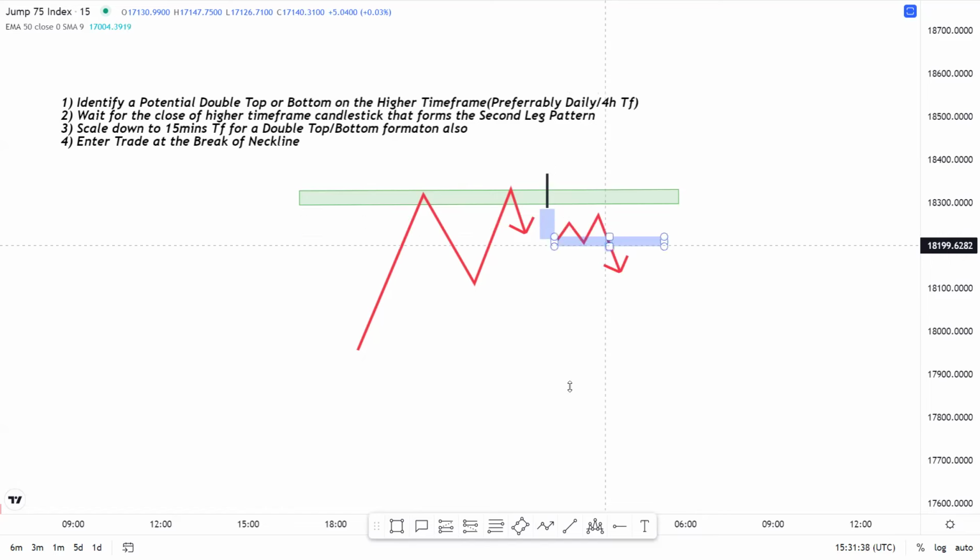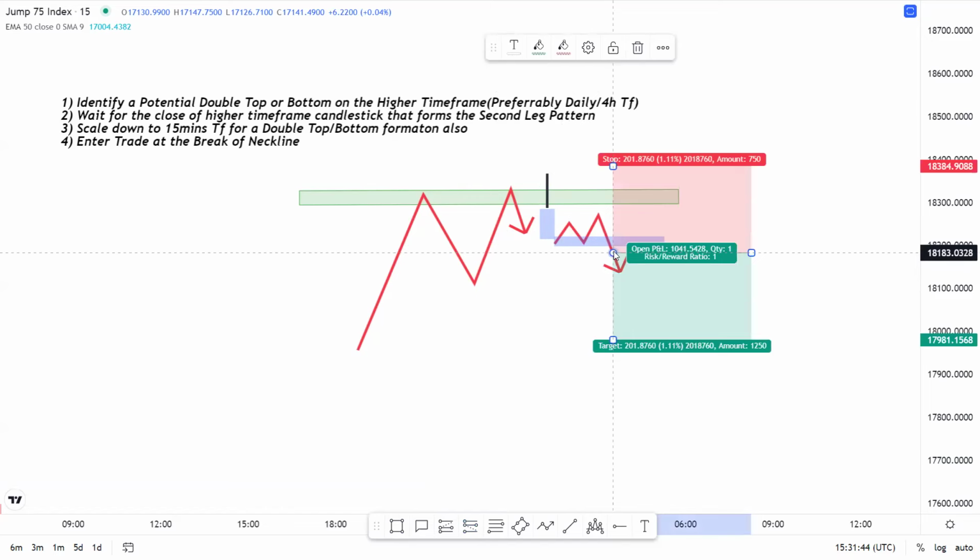And then once we have a break of the neckline, you go in for your sales as soon as we have the 15 minutes candlestick bearish close below the neckline of the smaller 15 minutes time frame M pattern. Then you go in for your sales.